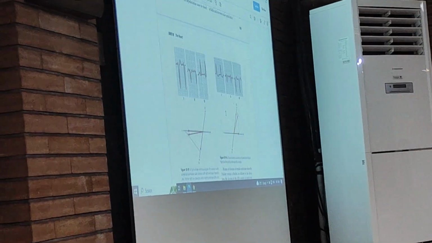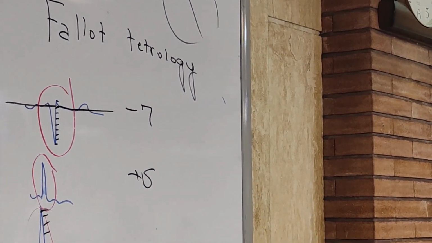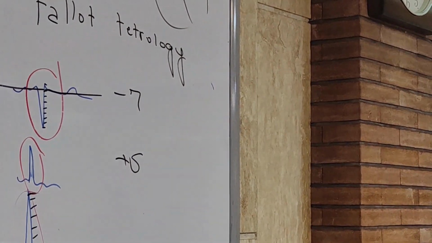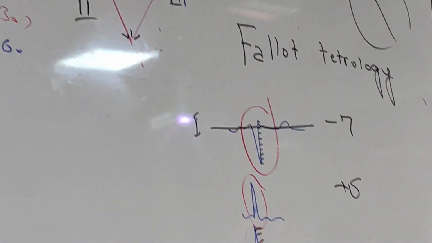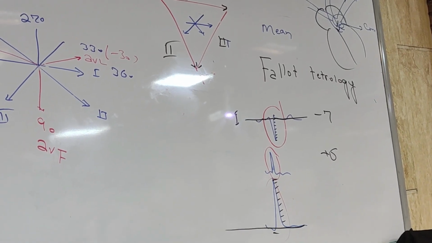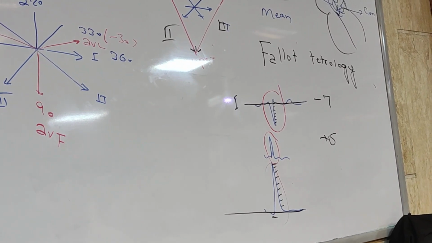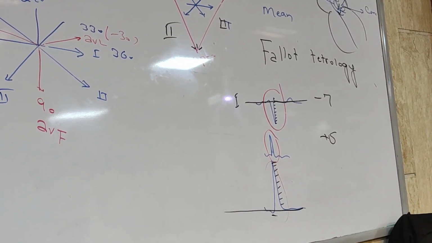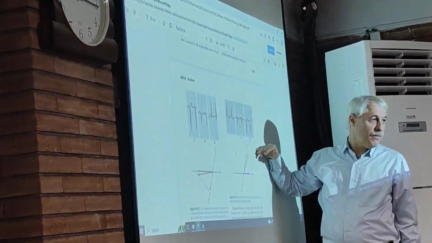The normal duration of QRS is within 0.04 second up to 0.08 second. 0.04 means a small square. In electrocardiography, you have escape paper. See, these are escape paper. In the lengthwise direction, you have the time scale.